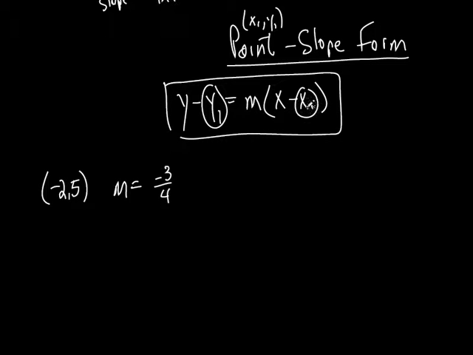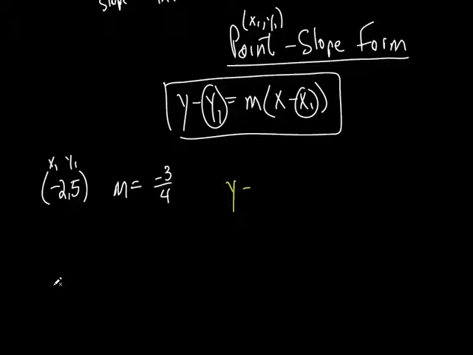But what do we put in for x1 and y1? We put this point. That's your x1, that's your y1. You just put those numbers in. It's pretty easy, just plug and chug. So it's y minus y1.